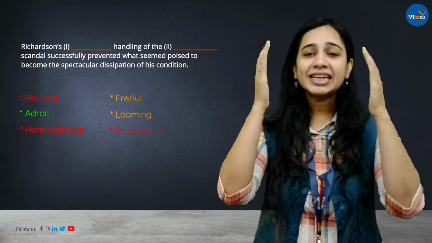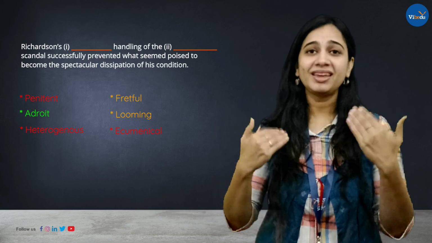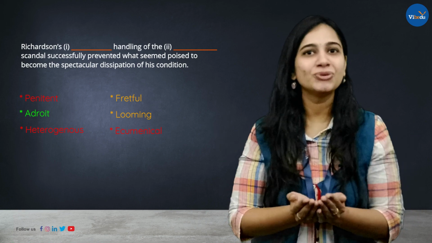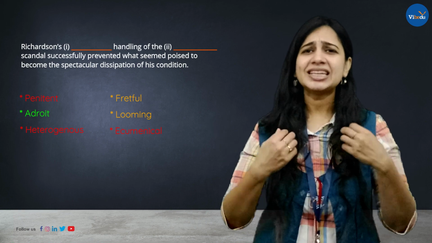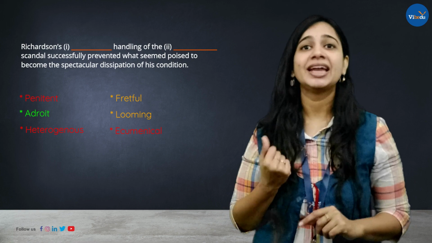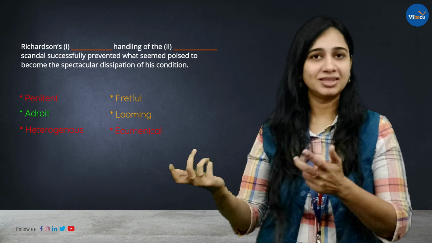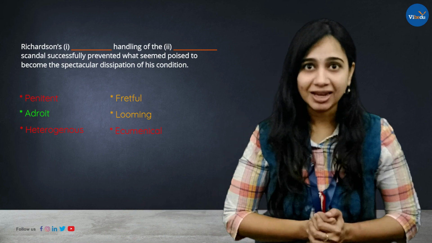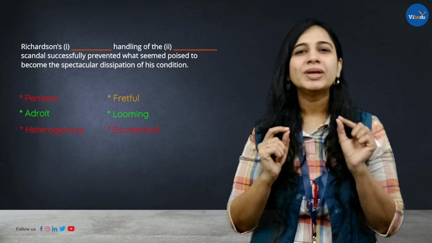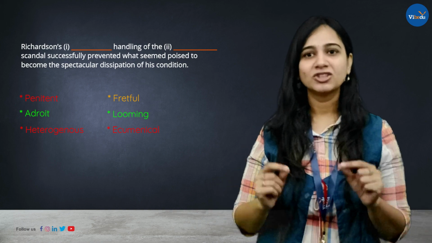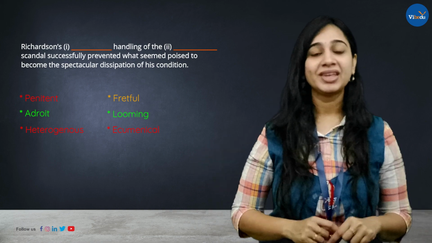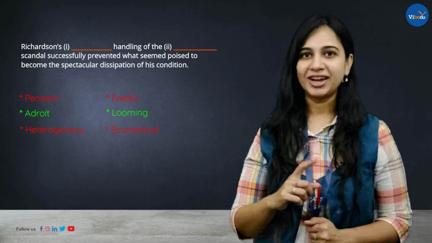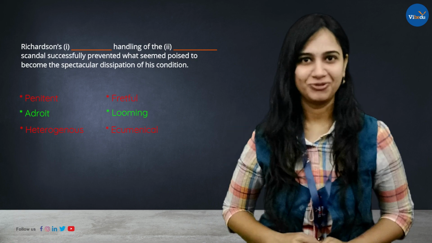It was just in his mind that something bad is going to happen. It was like looking huge. So yes, he is only feeling that he handled it smartly, but maybe that thing was not that bad as it is in his mind. So I think looming is the perfect answer because of our keywords. It seemed poised. So yes, adroit and looming, not fretful.